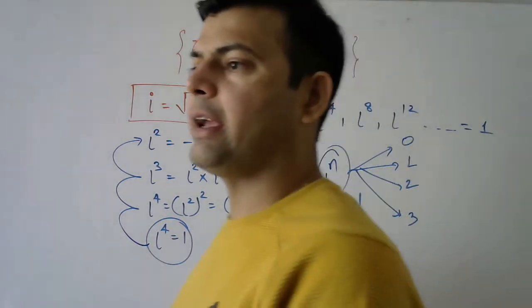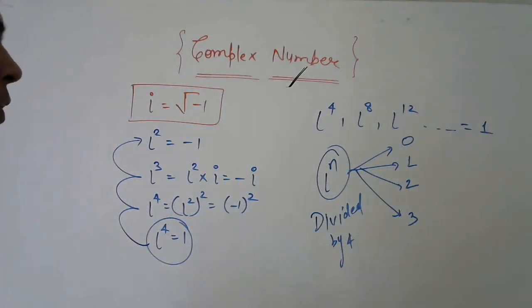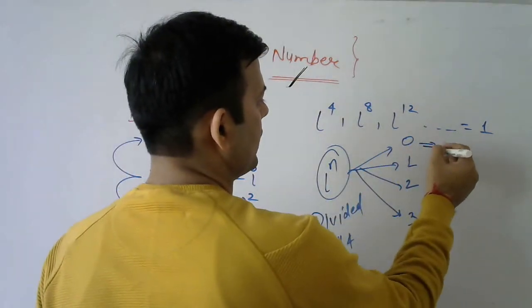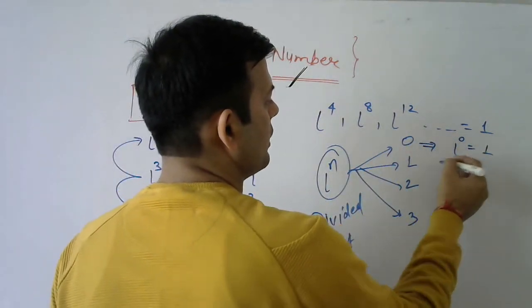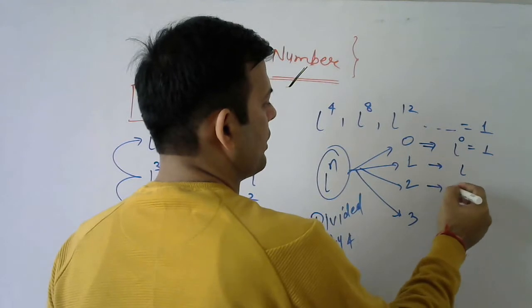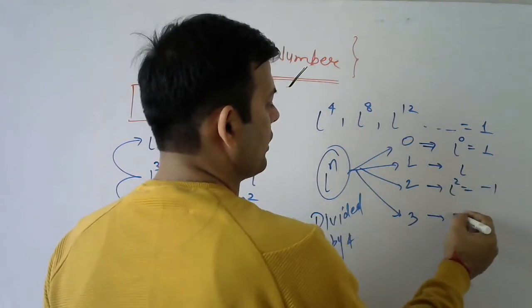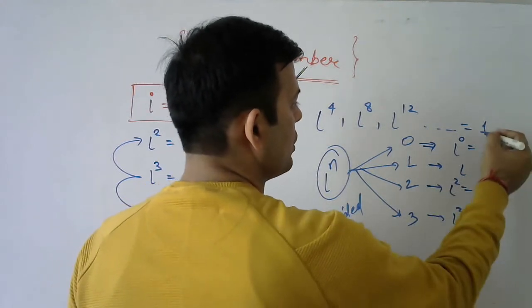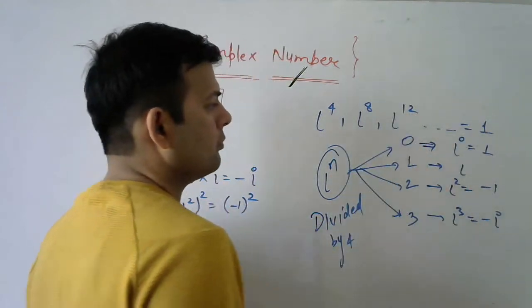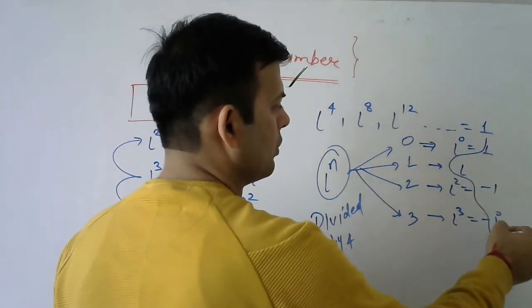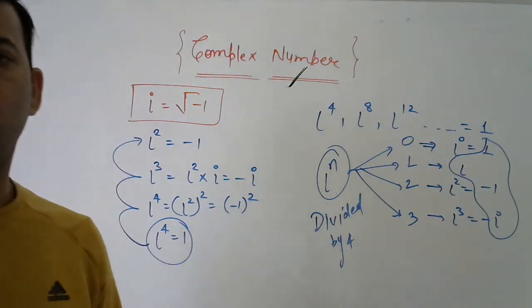These 4 remainders I can get. If I get 0 remainder, it will give iota power 0, that is 1. If 1, then iota; if 2, then iota square, that is minus 1; if 3, iota cube, that is minus iota. So I will get only these 4 values.